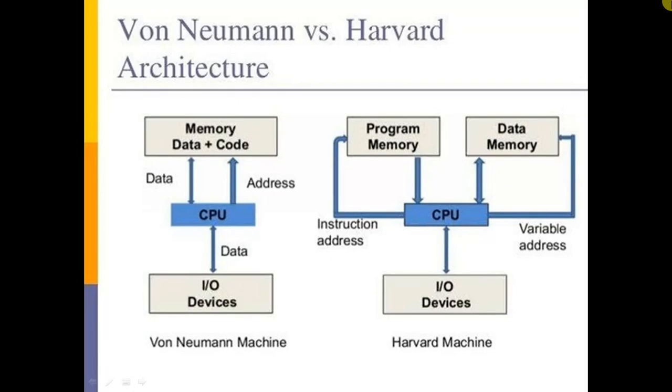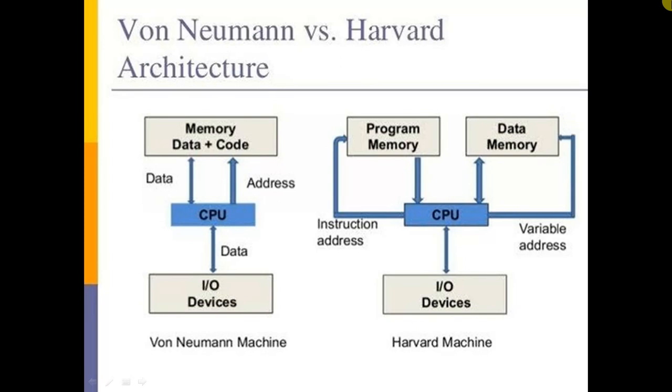Von Neumann architecture, as you can see in this diagram, has a single memory unit in which data and code or instruction is stored. Whereas in Harvard architecture, as you can see, the program is stored in program memory and data is stored in another, that is in data memory.